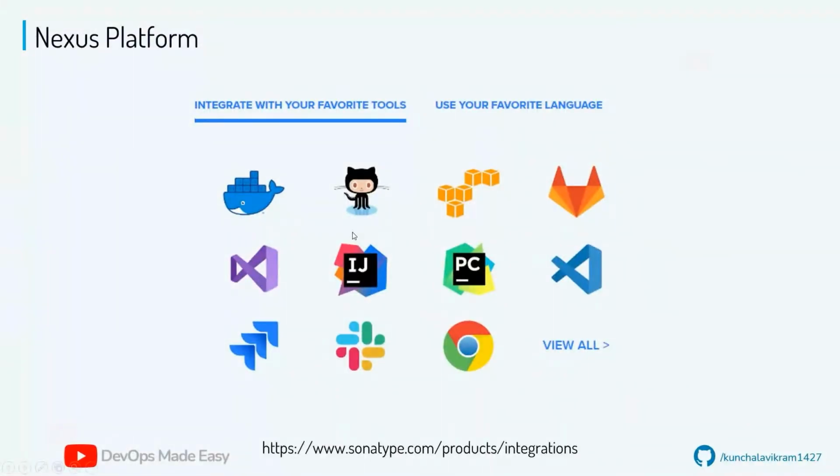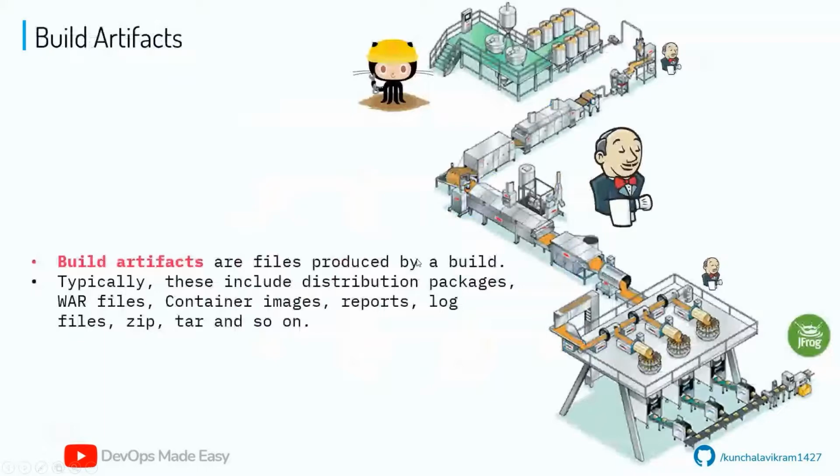And Nexus platform, or Nexus repository, can integrate with all these tools. Okay, you can integrate with your Docker, GitHub, GitLab. Okay, and you can also integrate with any of your favorite IDEs like VS Code, JetBrains. Okay, so you can integrate with any of these available tools and various platforms.